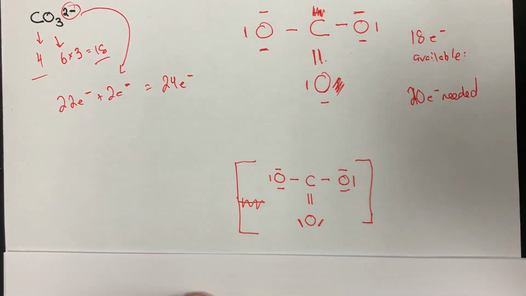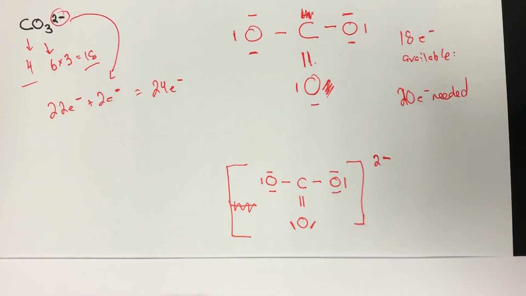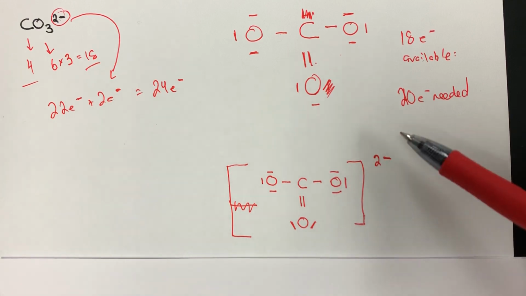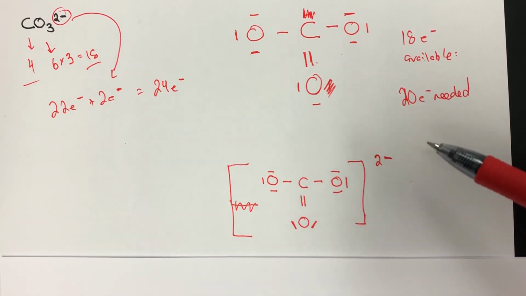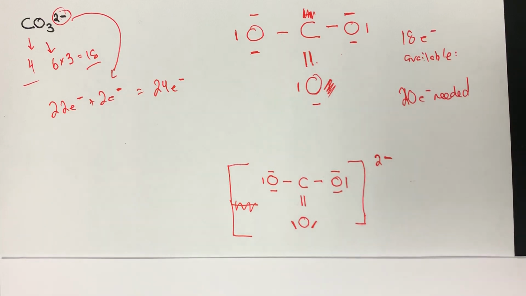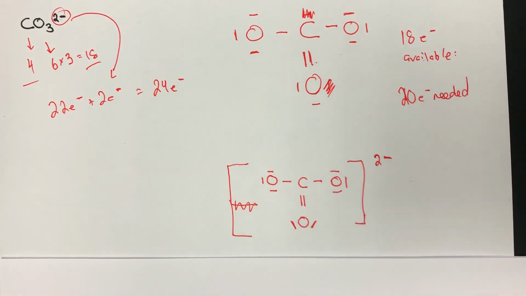And then outside of the brackets, I'll indicate the charge. Whenever we have an ion, we're going to use brackets. We're also going to put the charge as a superscript off to the right-hand side. Again, you notice the absence of a lone pair on carbon. Its octet is satisfied because it has 1, 2, 3, 4 pairs of electrons, all of which are shared or bonding pairs. Those are single bonds, and what we see there is a double bond.